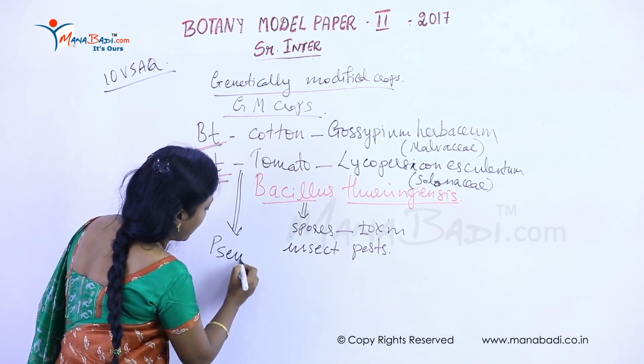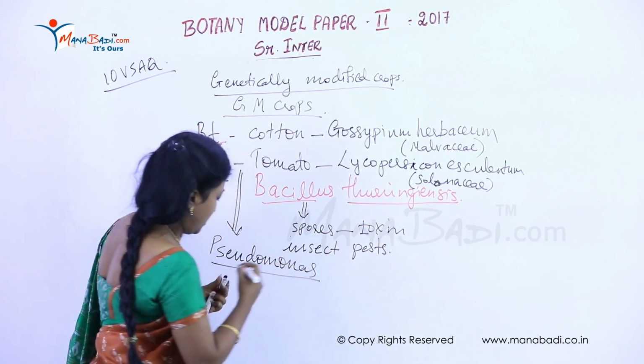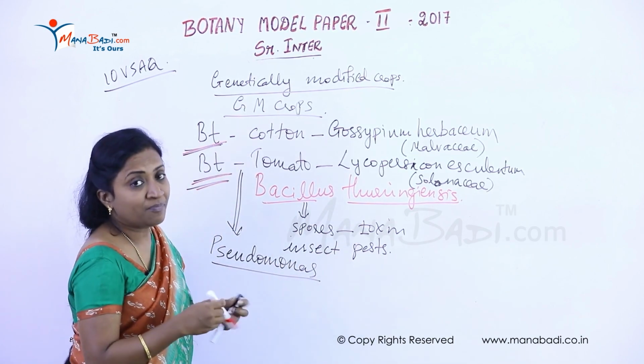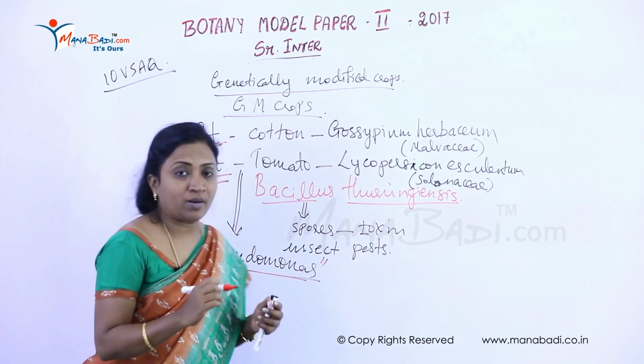The name of the bacterial pest is Pseudomonas. Pseudomonas is the bacterial pest which attacks the tomato plant.